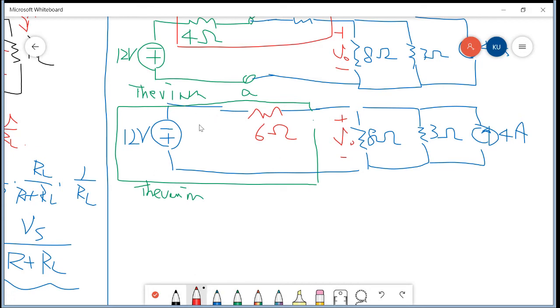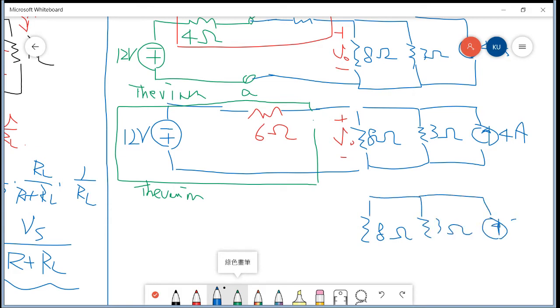So when we try to convert this definite back to Norton, let's copy the other part first. 3 ohm, 4A, something like this, VO.